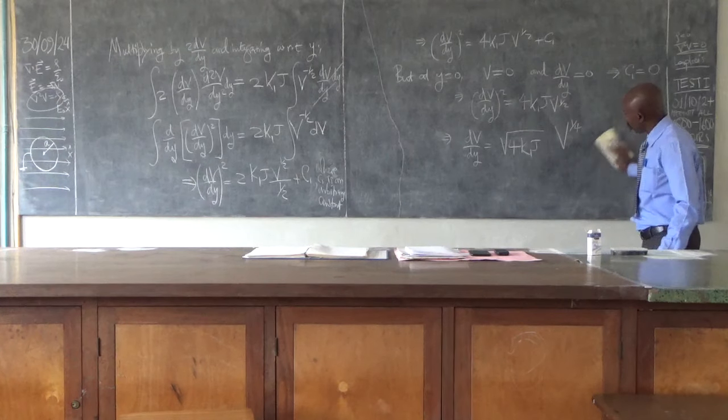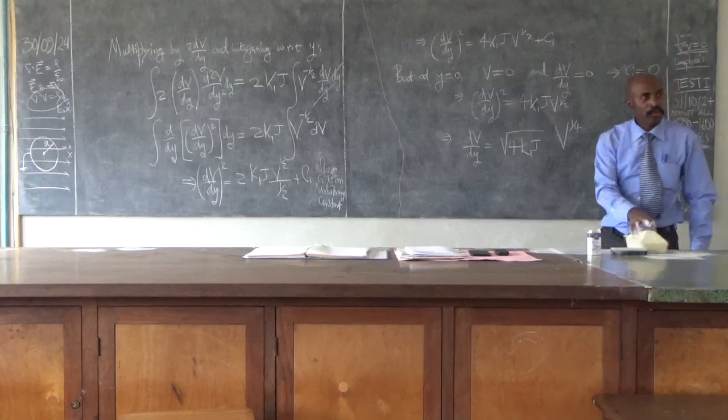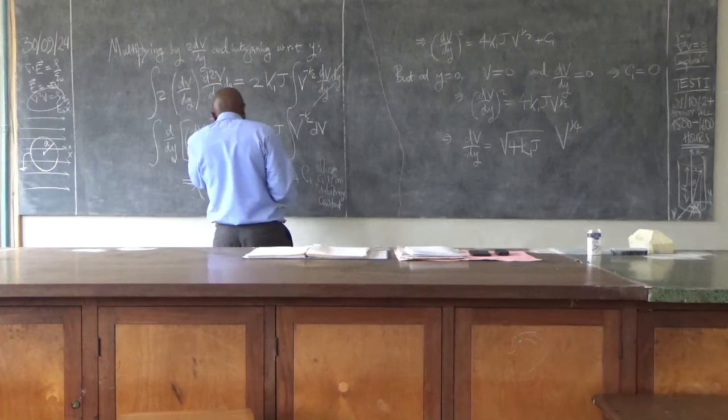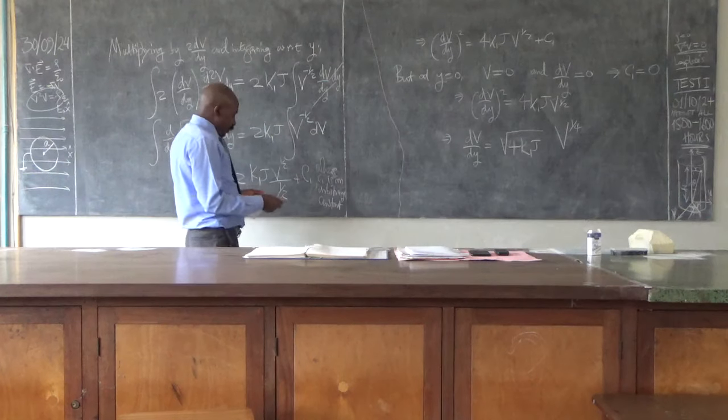It is V to half, then we square root it, it becomes V half to half, which is V quarter. And we need the potential.